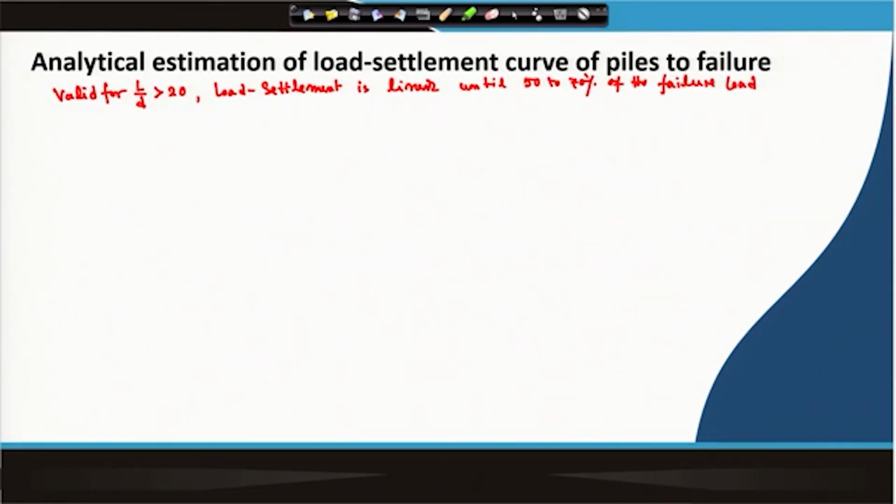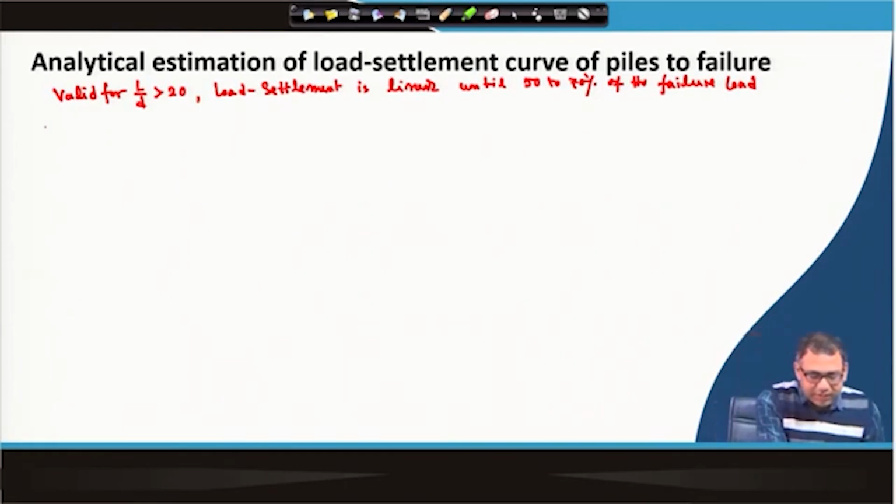So, that means the load settlement behavior is linear up to 50 to 70% of the failure load. After that, it is non-linear. But the actual load settlement behavior is non-linear, here we will represent that load settlement curve by a linear line or lines. Okay.